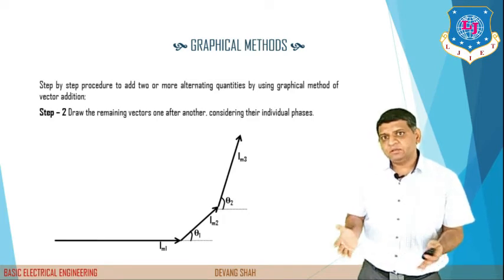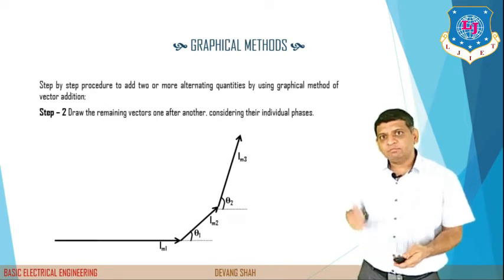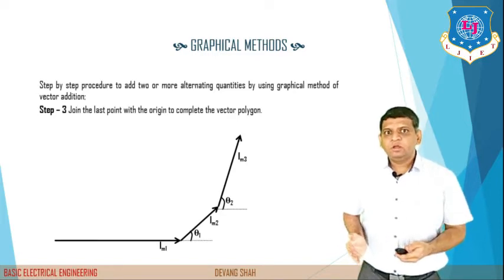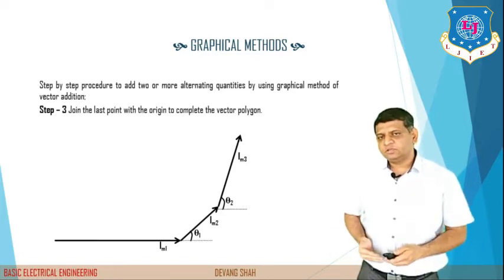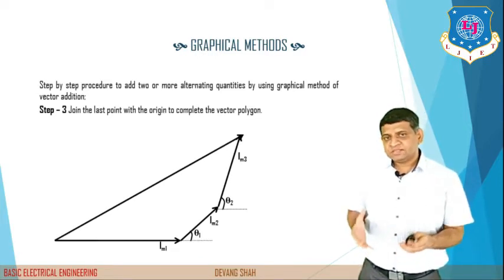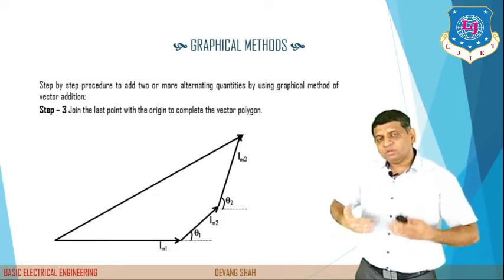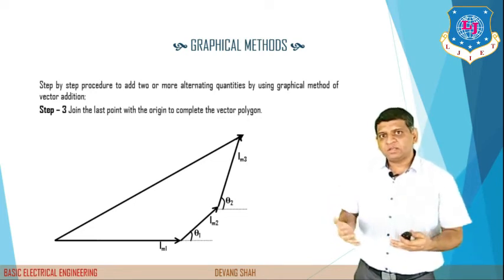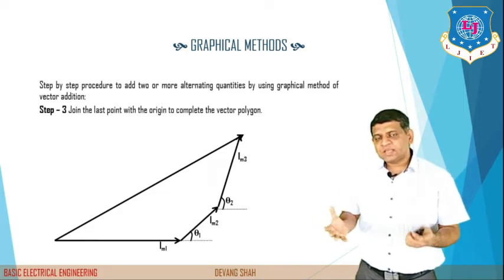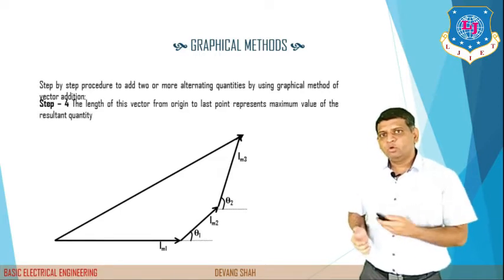Now there are three vectors. As such, this is the graphical method. Your resultant vector is always connecting the first point with the last point. So you can see here, join the last point with the origin to complete the polygon. This is called my resultant vector, right? This is nothing but, between the two magnets, if I put three vectors moving in anti-clockwise direction with individual magnitudes and individual phases, the resultant vector is the joining of the origin to the endpoint.